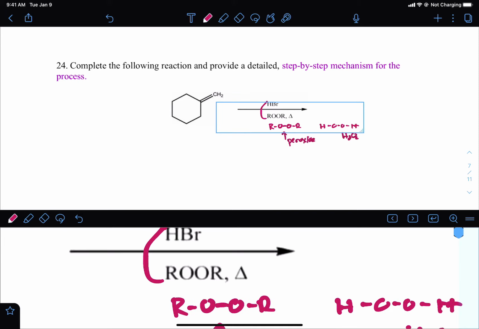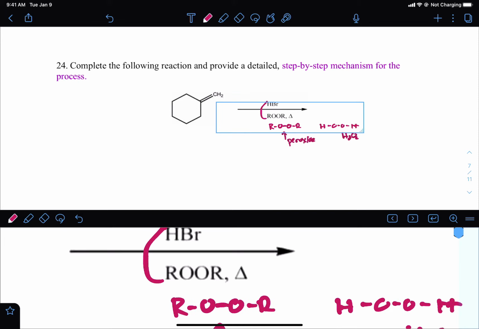But the point here is that we get a neutral organic product. Okay.